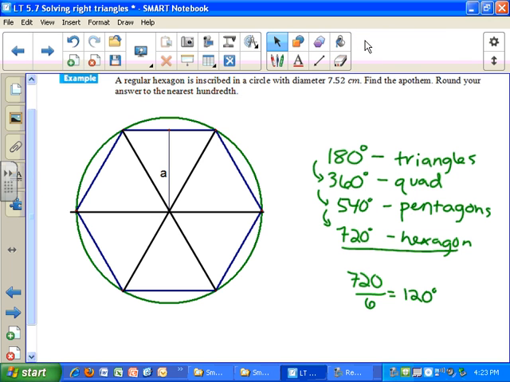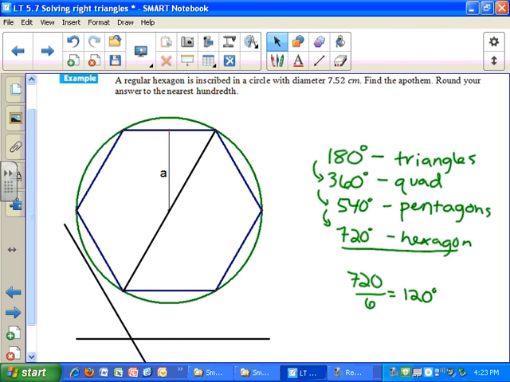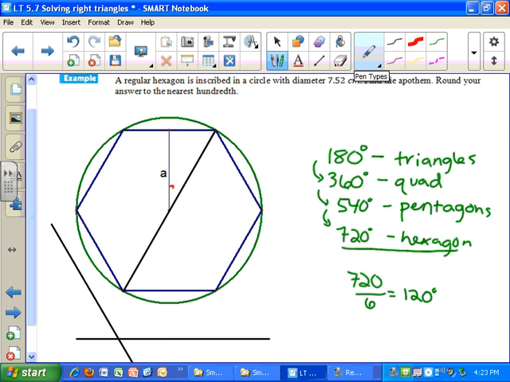Let's see if we can get rid of that and that. We just need that this was 30, this was 60, and this was 90, which is also one of those special right triangles. And then I have to add back in that this is 3.76 centimeters. Okay, so now we've got a couple of options. We can decide which one of those angles we want to use. So let's just say I pick the 30-degree angle.